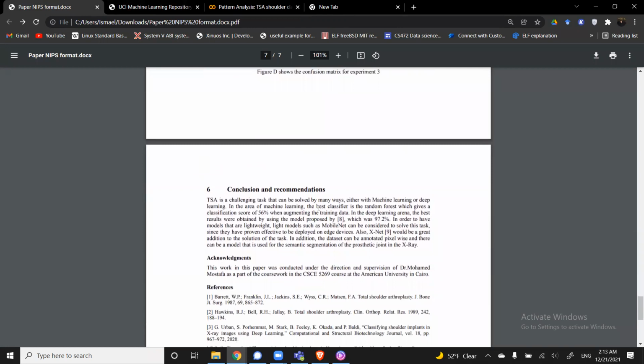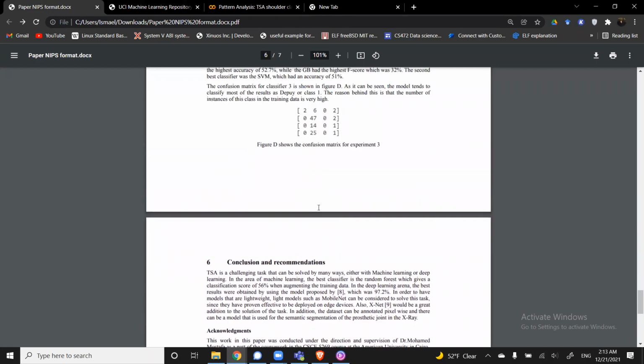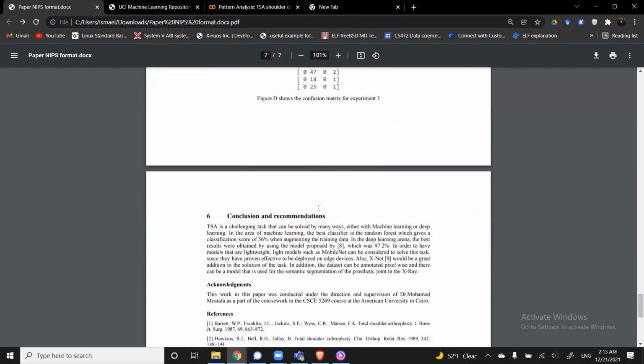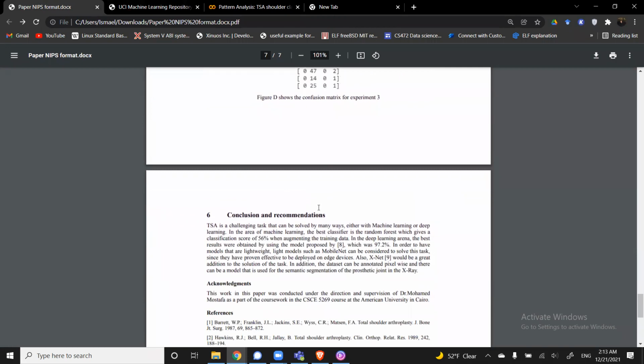So in conclusion, the random forest classifier was the best one. And going forward, if we want to use lightweight models, we can use MobileNet because it's a really small model that can be deployed on edge devices.